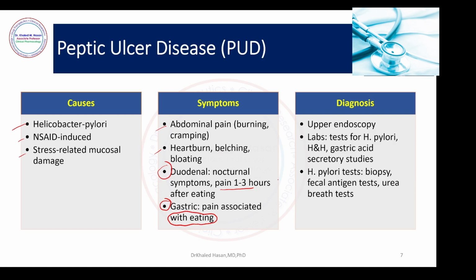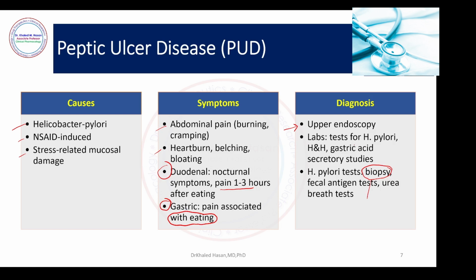Moving to the diagnosis, the best way is to perform an endoscopy on the patient. During the endoscopy, if we find ulcers there, we recommend taking a biopsy, which may identify or exclude the presence of Helicobacter pylori. So endoscopy and biopsy.